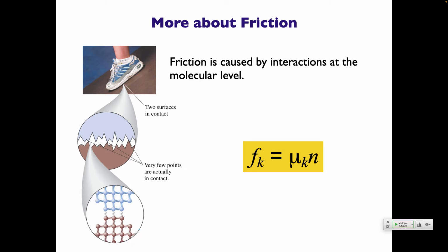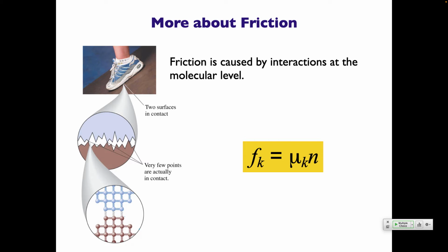The other interesting thing is this coefficient has no dimensions, meaning no units, because you're going from a force to a force, but there's a relationship here. And the other thing is that there's no variable. Once you have a constant normal force, you have a constant friction. So friction doesn't depend on speed, doesn't depend on acceleration. It only depends on normal force and the materials that are in contact, okay?